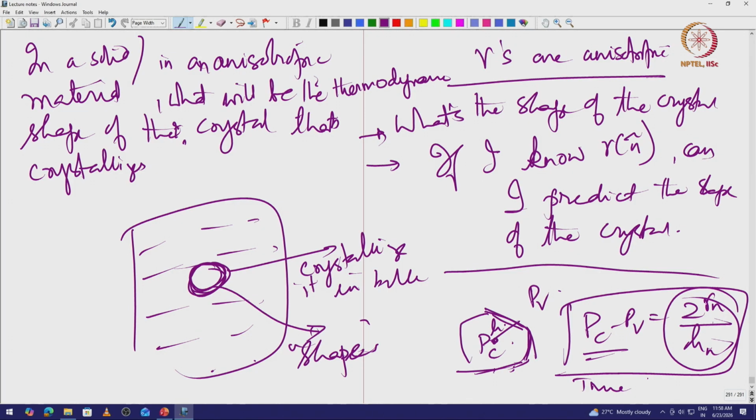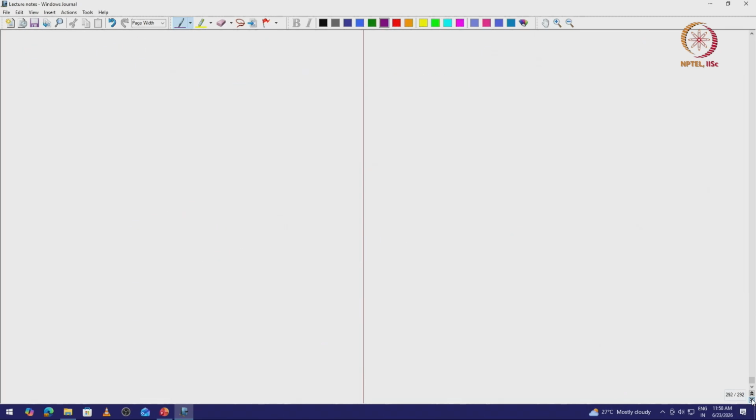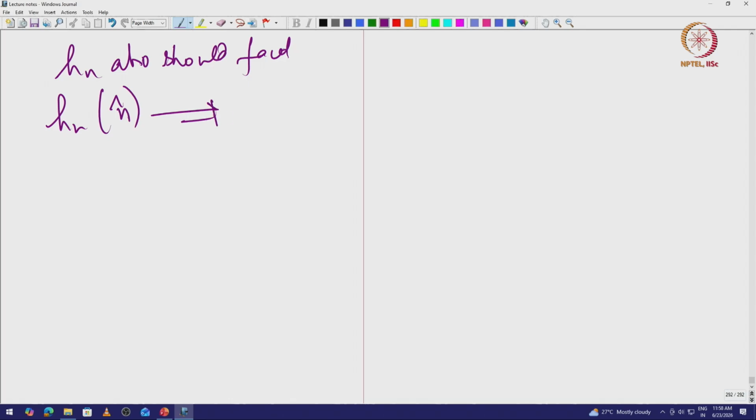You can see that if I have gammas that are faceting, then Hn also should facet, and Hn as a function of n gives me the shape of the crystal. In fact, you can look at the derivation of it in a book by Markov.